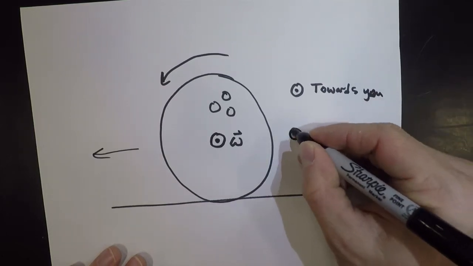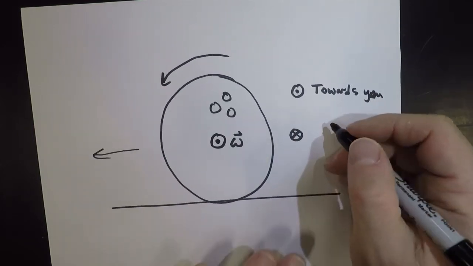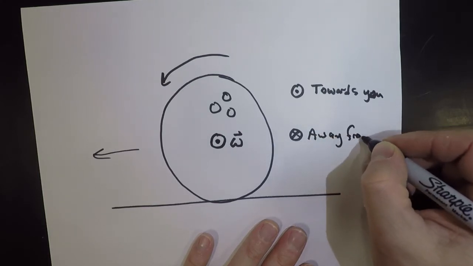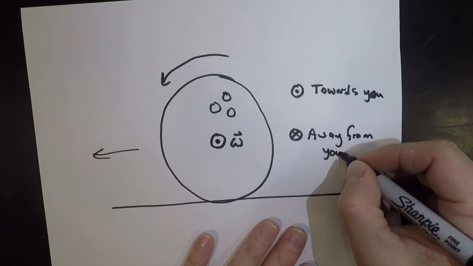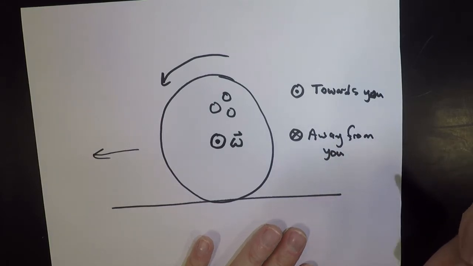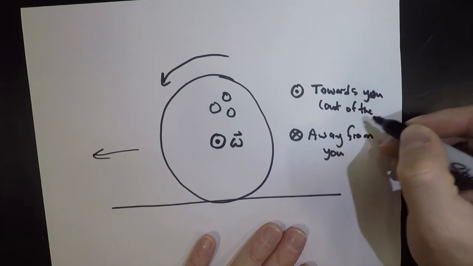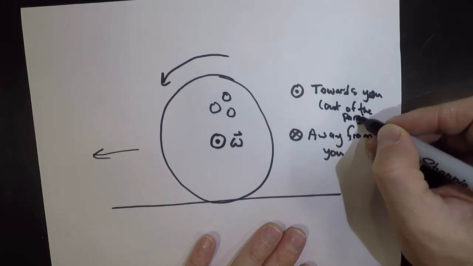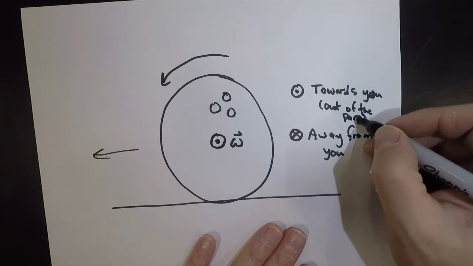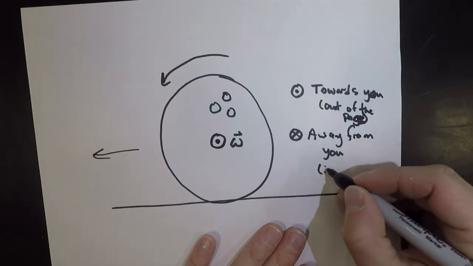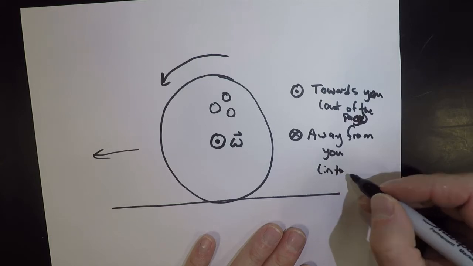And if the arrow were pointing away from us, we would represent this as an X, away from you. And it's sort of an archery thing, so towards you would be out of the page, P-A-G-E, there we go, okay. And away from you would be into the page.